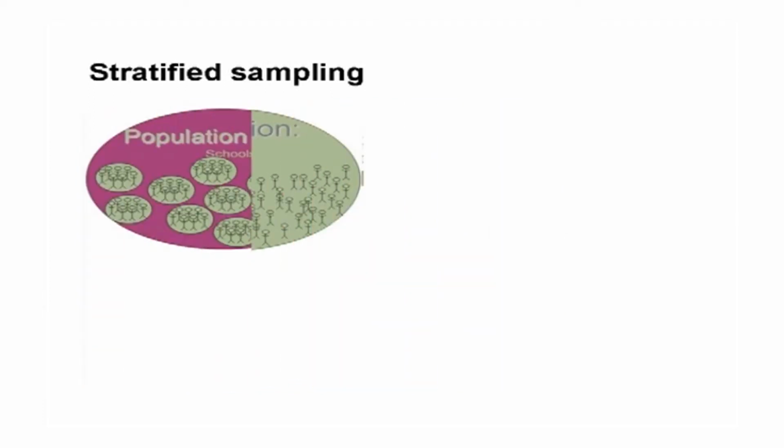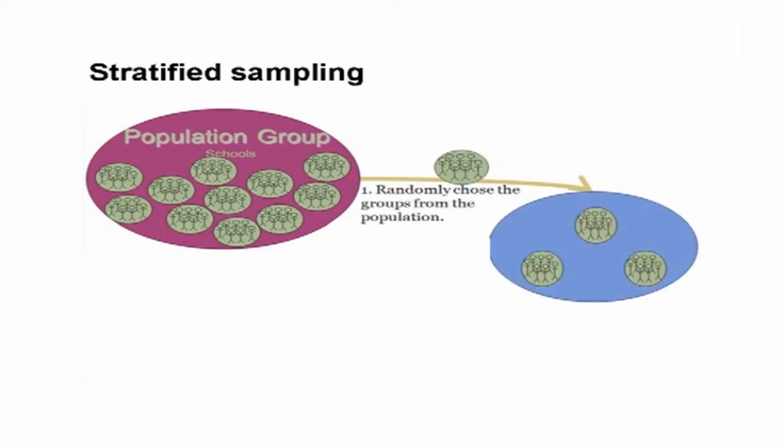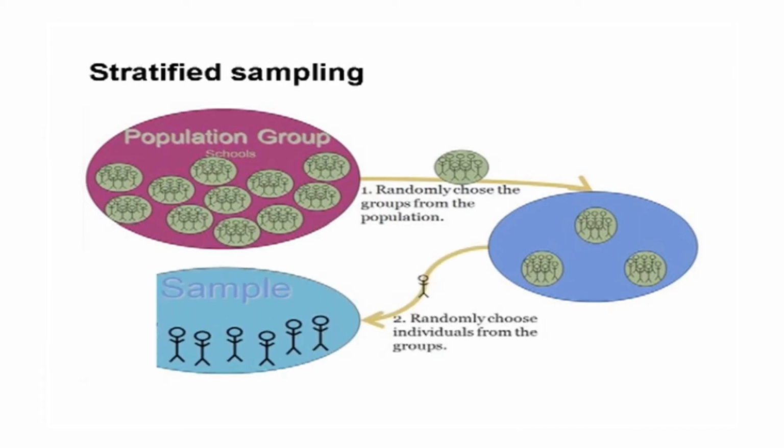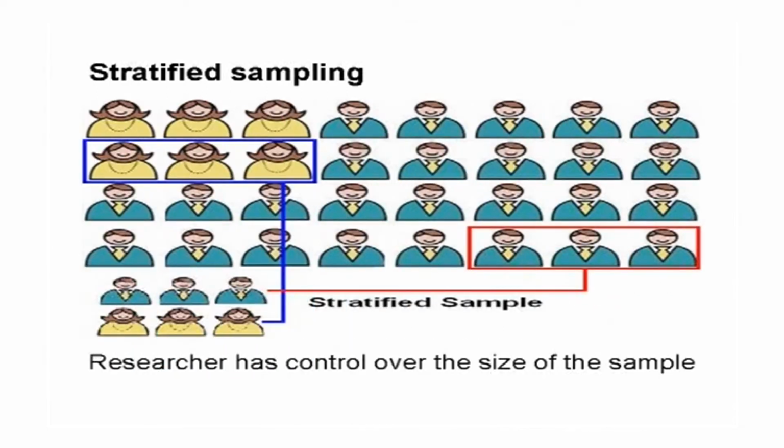This method can be used in studies where the total population can be divided into strata with some homogeneity. For example, a study in a university may have stratifications based on departments, sex and also places of living.